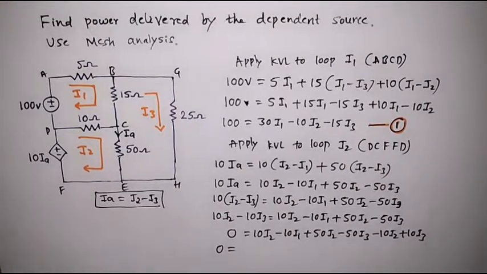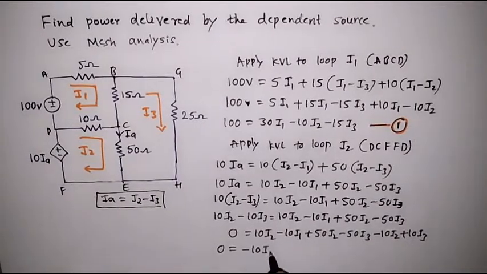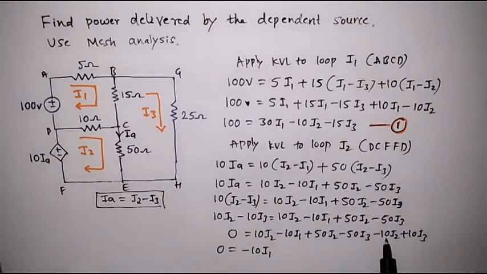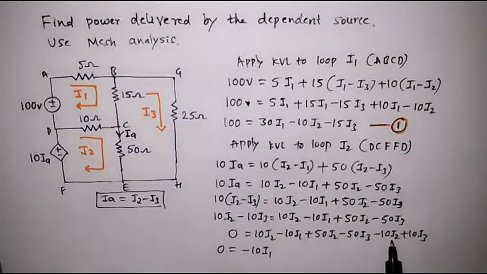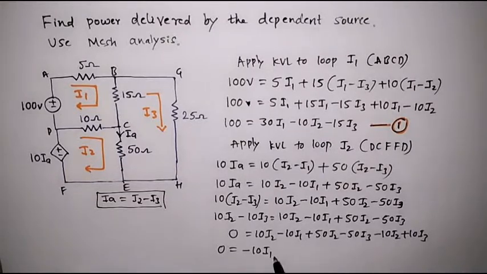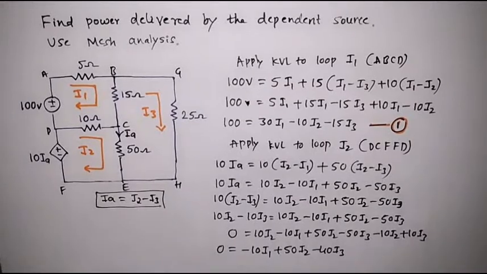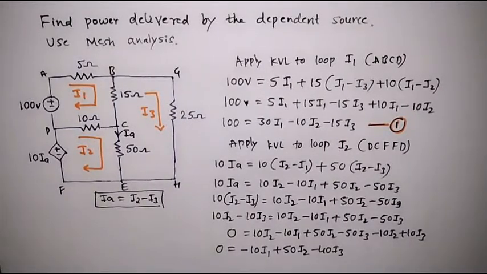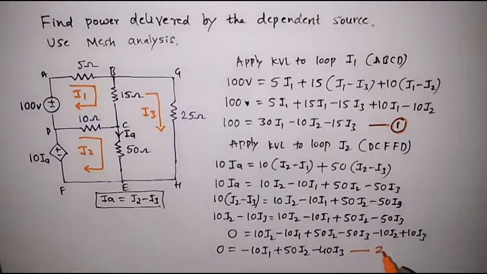Therefore 0 is equal to, the I1 term is minus 10 I1, the 10 I2 and minus 10 I2 will get cancelled, and we have another 50 I2, that is plus 50 I2. Now the I3 terms are minus 50 I3 plus 10 I3, that is minus 40 I3. We'll call it equation number 2.